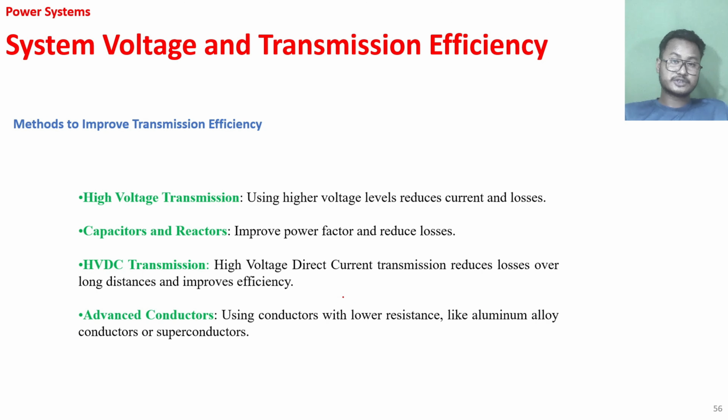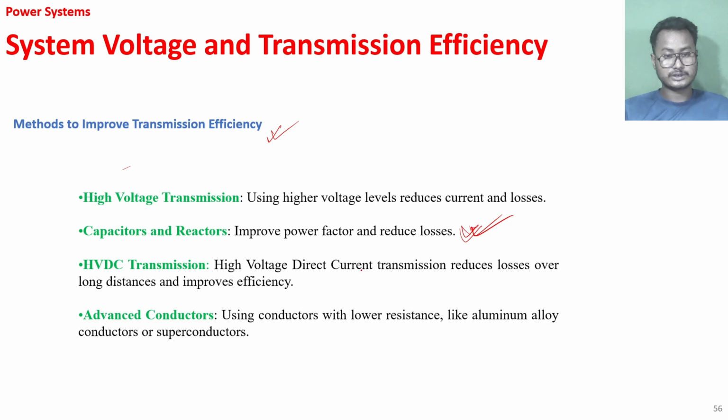Methods to improve transmission efficiency. What are the things we can do to improve the transmission efficiency of the power system? High voltage transmission, using higher voltage level to reduce current and loss. We already discussed. Capacitor and reactor improve power factor and reduce losses. We need to improve power factor to reduce the loss.